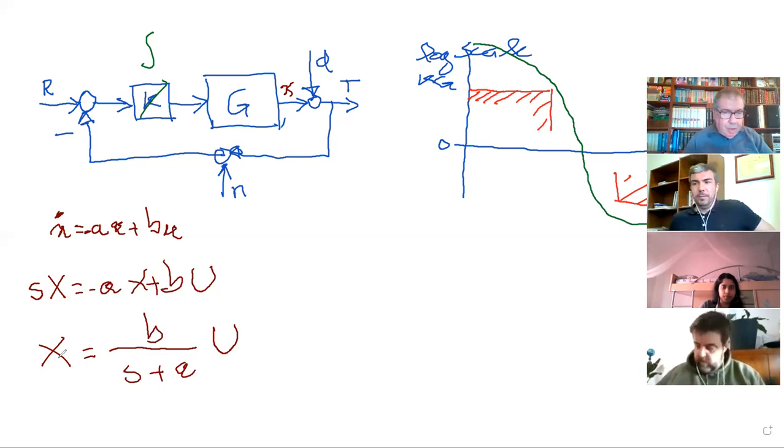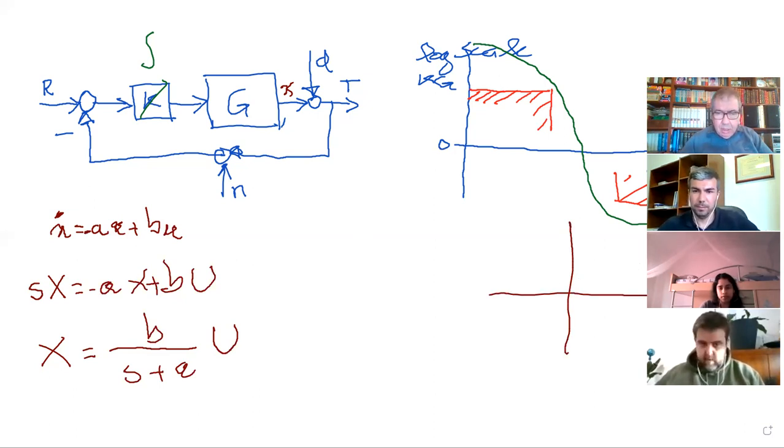Now, X exists in the S-plane. So I have a real part, I have an imaginary part, and S is here. Okay, now I'm going to make S equal to j omega.